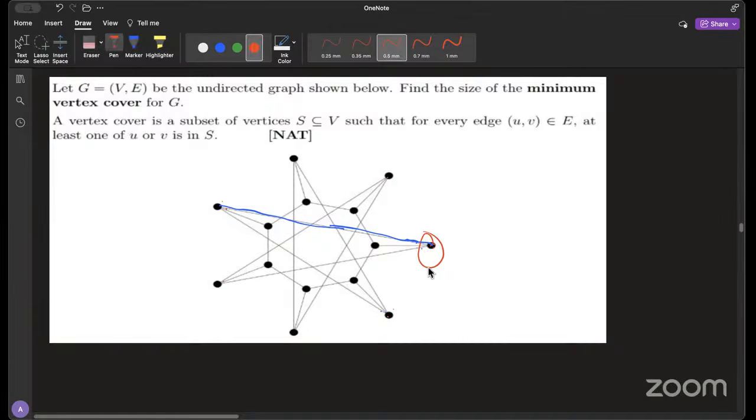So let's say you start with this one. Initially we started with these ones, right? The inner ones. Let's start with this one. Or let's say you start with this, you have these three covered. You have these covered.